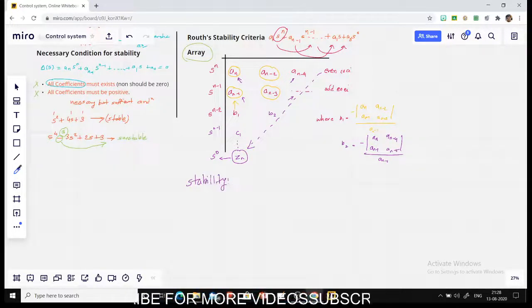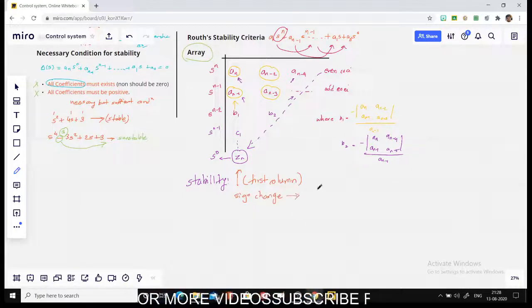The condition for stability in Routh's array is based on the first column. If there is a sign change in my first column, that means the system is going to be unstable. If there is no sign change in all the terms of the first column, then the system is going to be stable.